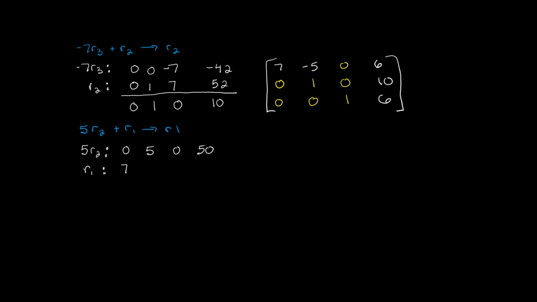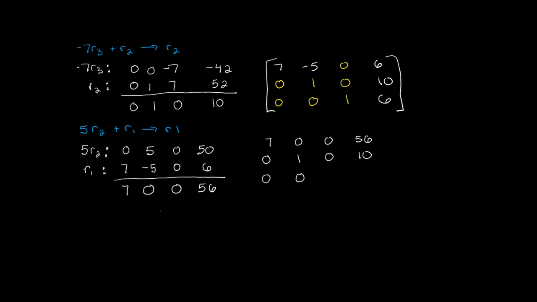Row 1 gets us 7, -5, 0, 6. So now when I add these, I've got 7, 0, 0, 56. And now I'm going to replace that in row 1. So I have 7, 0, 0, 56. Then row 2 is 0, 1, 0, 10. And then row 3 is 0, 0, 1, 6.